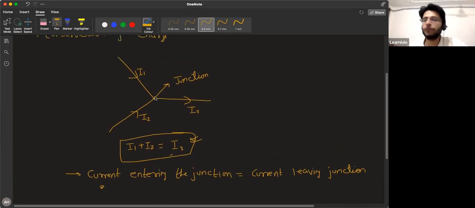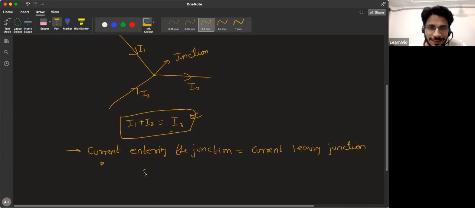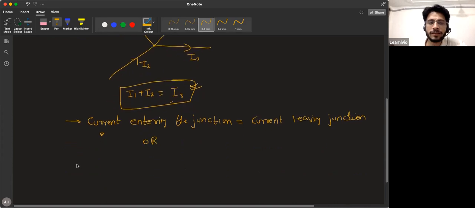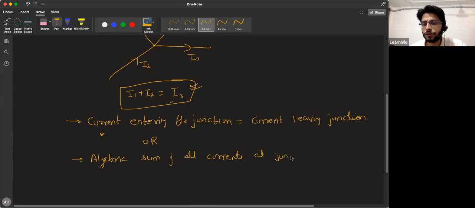This is the first statement of Kirchhoff law. The same statement you can write in this way also: the algebraic sum of all currents at the junction is 0.